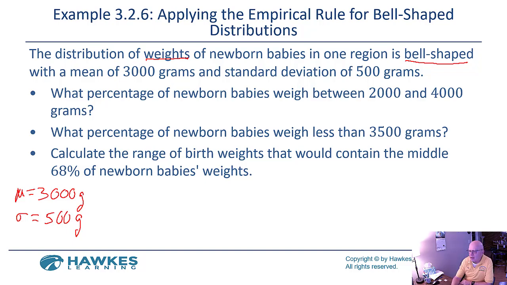Now, we've got some questions. The first question is, what percentage weigh between 2,000 and 4,000 grams? You might start by drawing a picture. Here's a picture. The mean is in the middle, 3,000 grams.